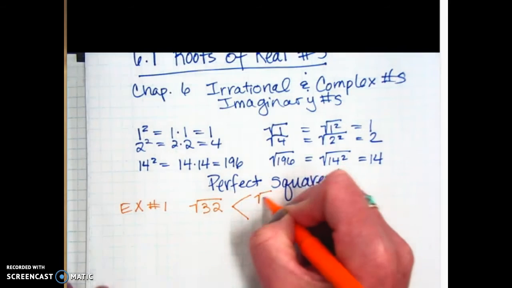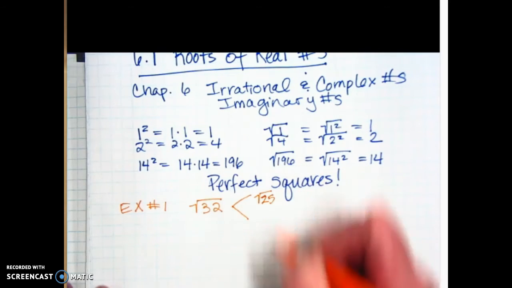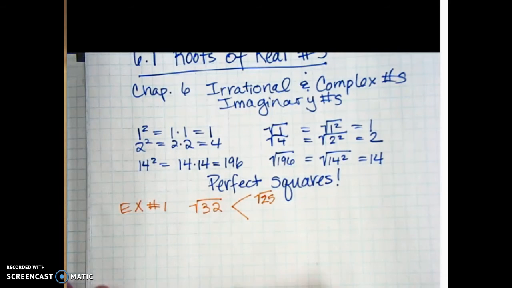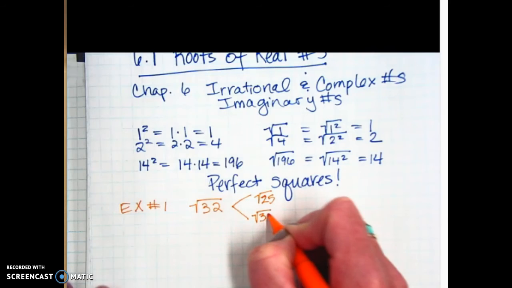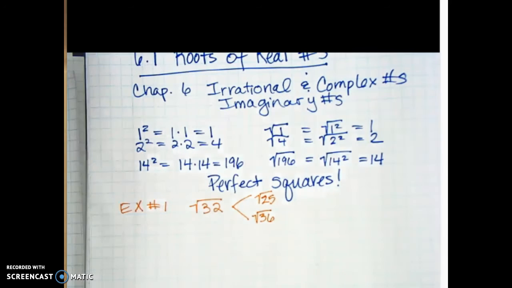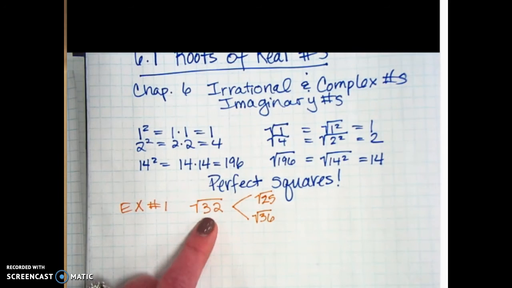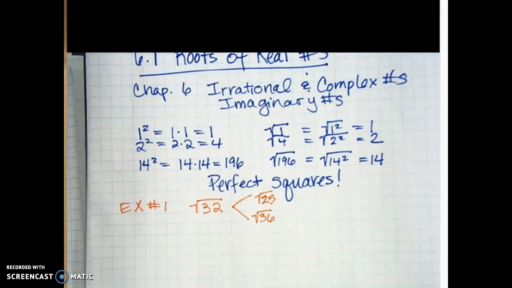Right, the square root of 25. And what's the one that comes right after it? Square root of 36. So if we punched the square root of 32 into a calculator, what would it say? 5 point something, maybe 5.5-ish because it's almost in the middle.